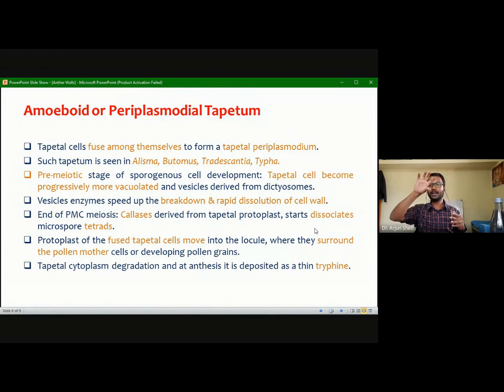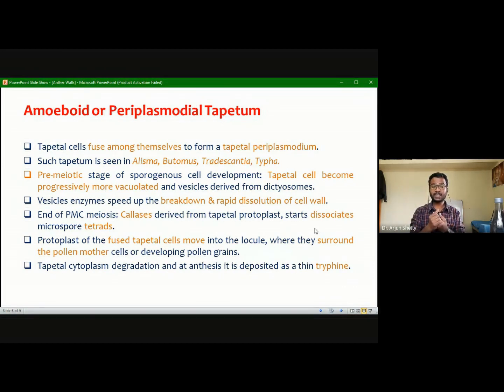After the breakdown of the tapetal wall, the callase enzyme comes out and breaks down the callose chemicals that make the attachment of the pollen tetrads. Finally we see the haploid individual pollen grains readily available, which can be released for pollination as well as the subsequent fertilization process.